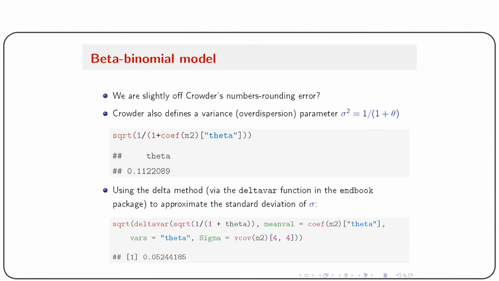Using the delta method via the deltavar function in the emdbook package to approximate the standard deviation of sigma. Say sqrt deltavar, sqrt 1 over 1 plus theta, then meanval equals coef of M2 of theta, and then vars equals theta, Sigma equals vcov M2 4,4, and that will give you the approximation.